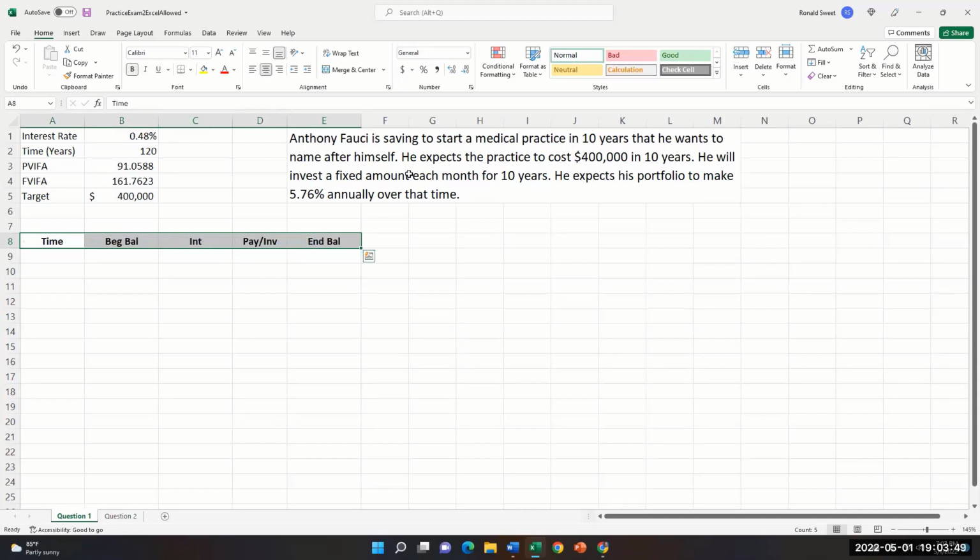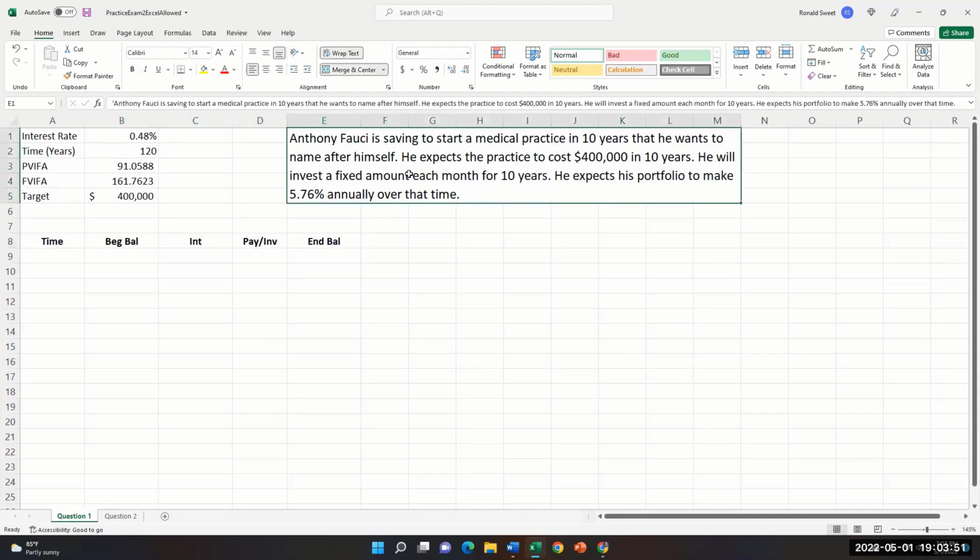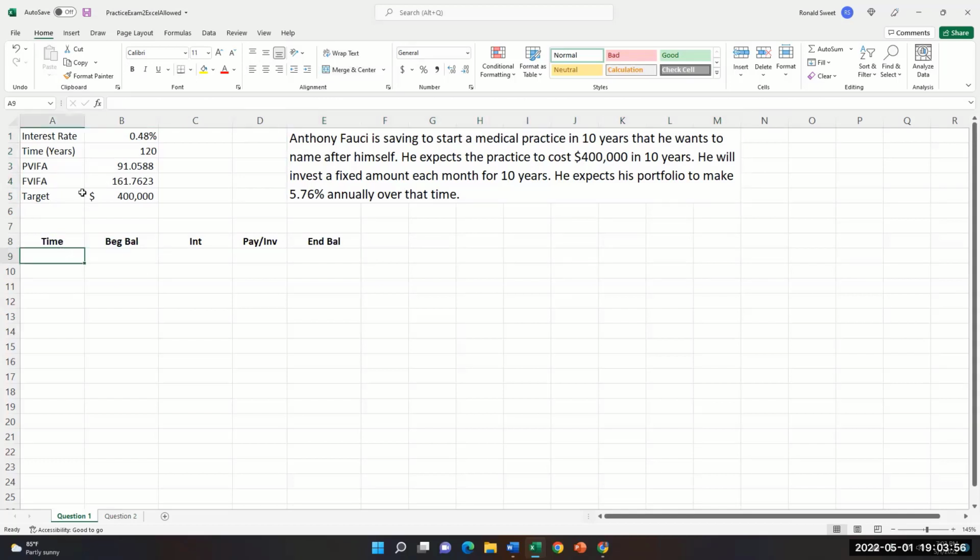So you can tell if he's borrowing money, it's going to be a present value problem. He's not borrowing money, he's saving money. So here it's going to be a future value problem. So it's going to be interest earned. And instead of a payment, it's going to be an investment. But if you saw borrowed money and you have practice problems from the Excel applications, you'd have that.